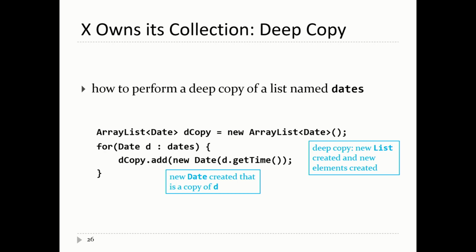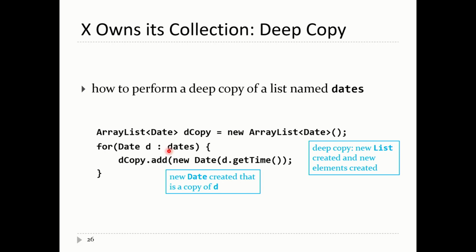Okay, so how do you perform a deep copy of a list? The answer is you can't always perform a deep copy. You can always make a new list, that's not a problem. The problem is you may not be able to make a copy of the elements inside the list.